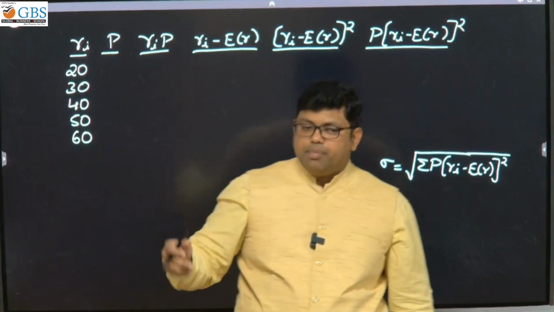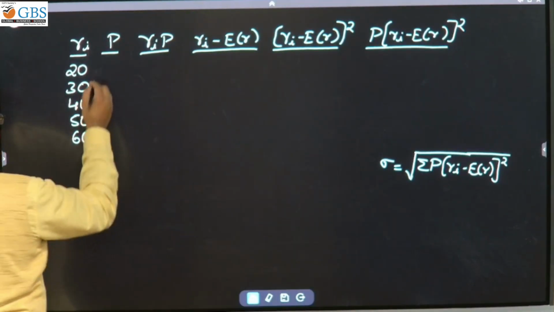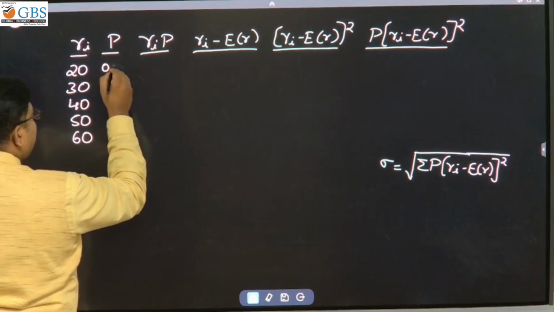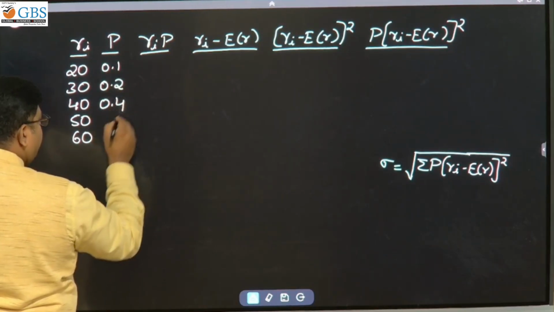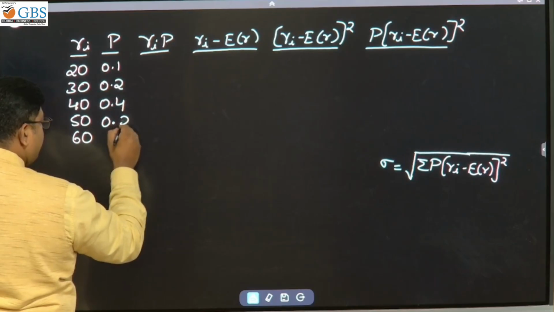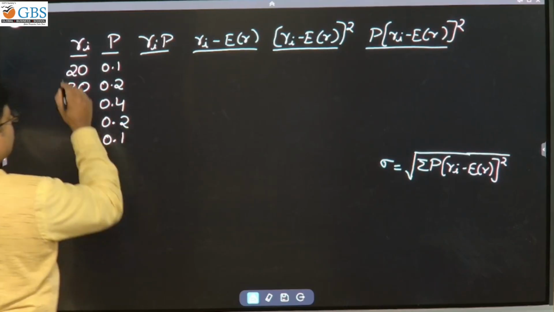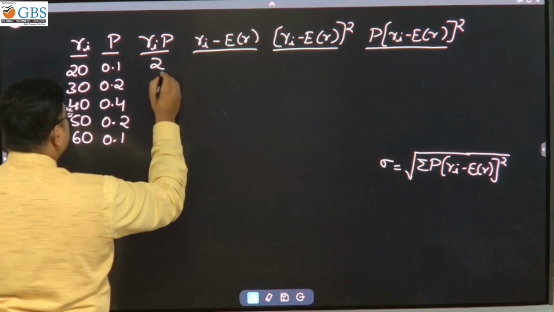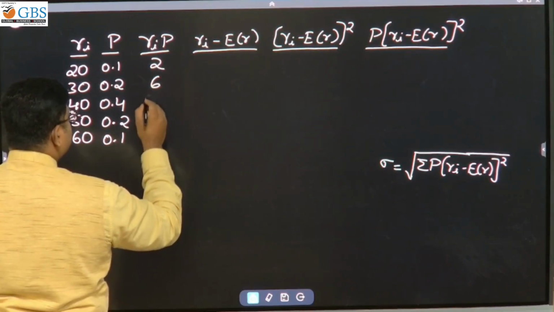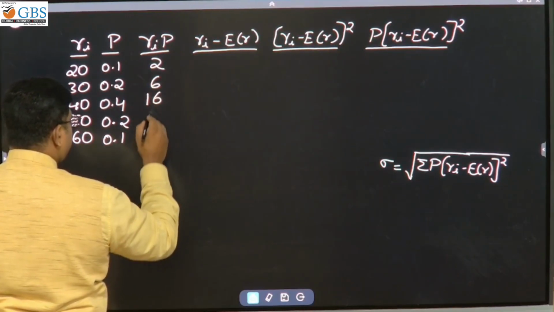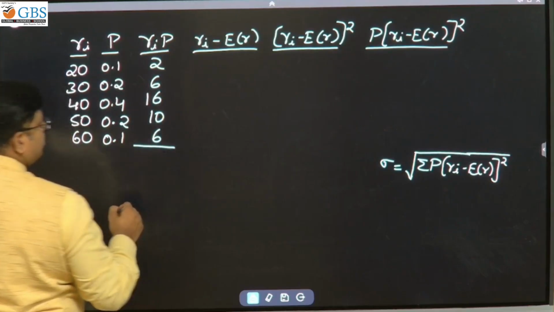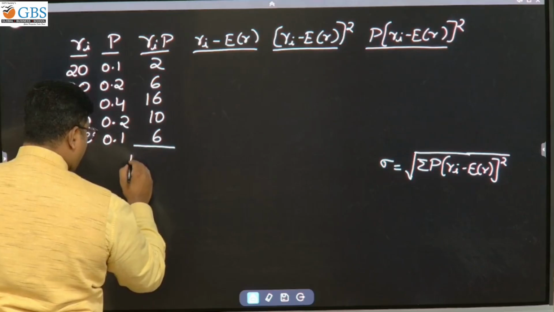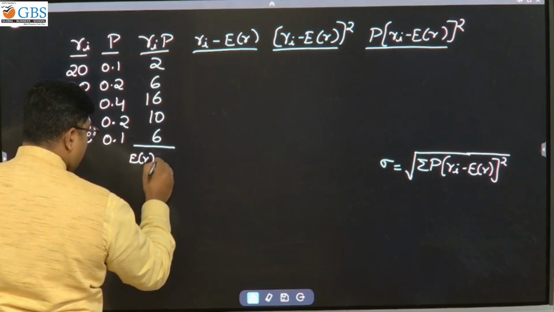The probability which is given in the question: 0.1, 0.2, 0.4, 0.2, 0.1. Multiply: 2, 6, 16, 10, 6, total 40. So E of R is equal to 40.